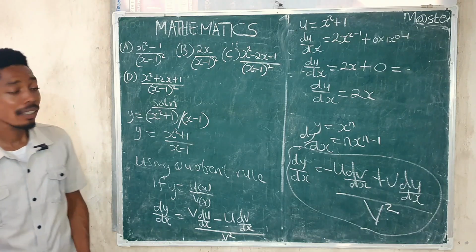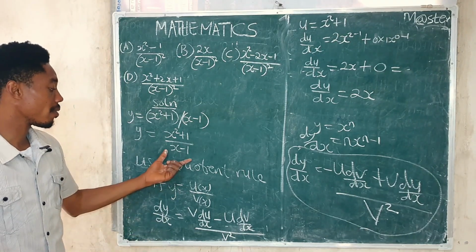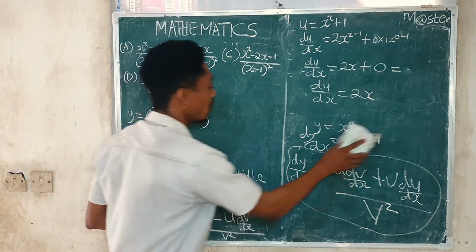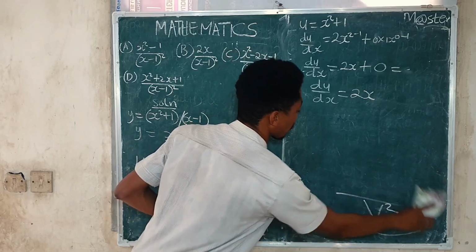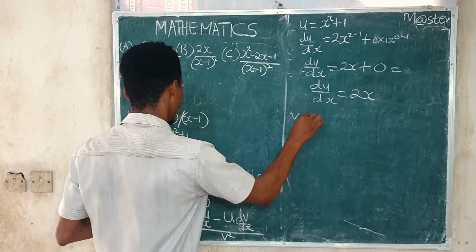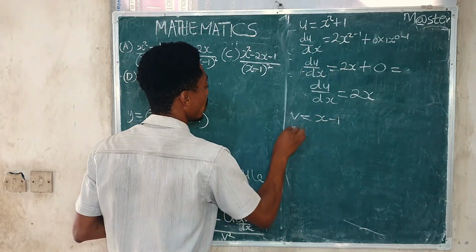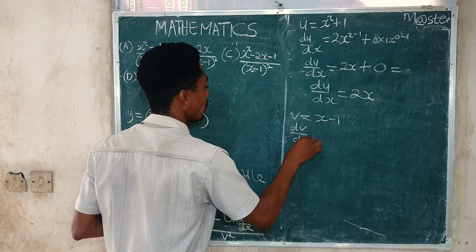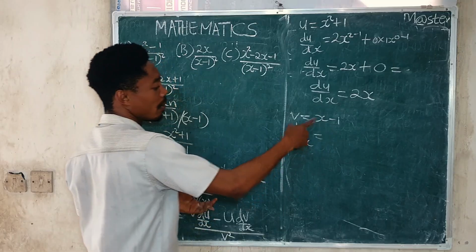The next is to recognize v. v is our denominator, so v equals x minus 1. Immediately we find dv/dx, differentiating v with respect to x.